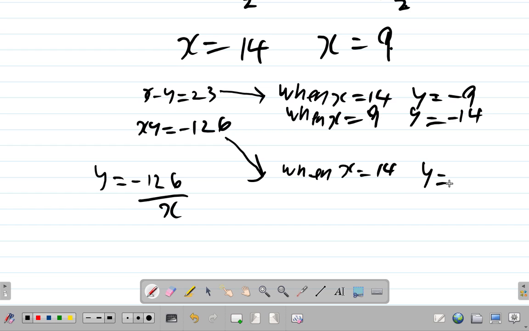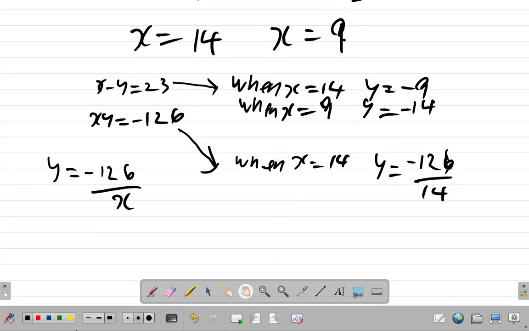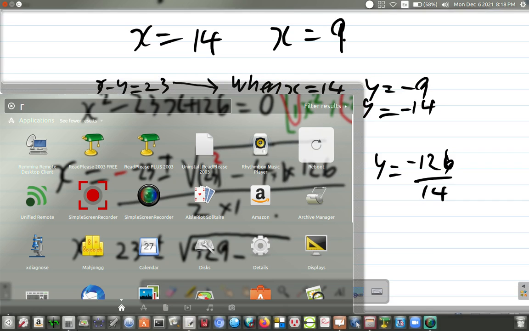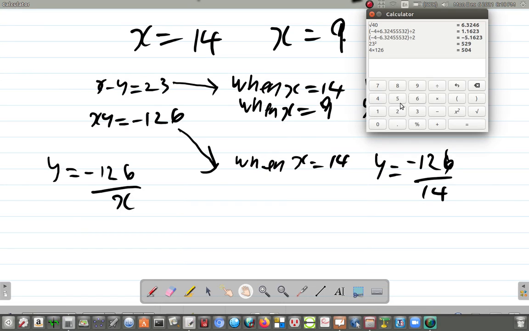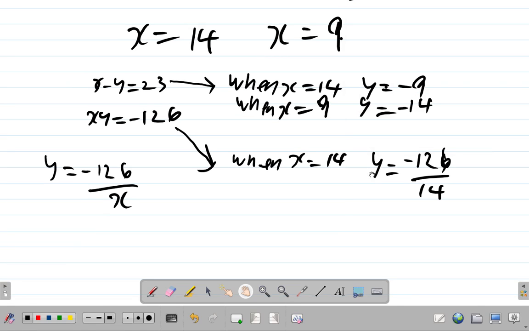So y would be negative 126 over 14. Let's reach for our calculator and see what it would be. We have negative 126 divided by 14, and what do we get? We get negative 9. So when x is equal to 14, y is equal to negative 9. It's the same thing as up here.